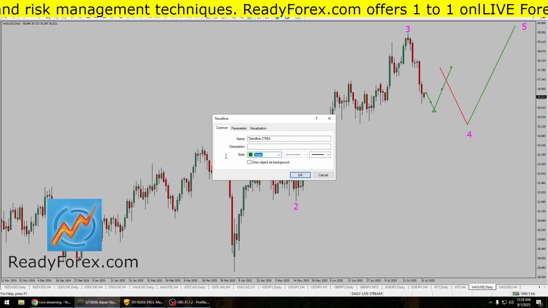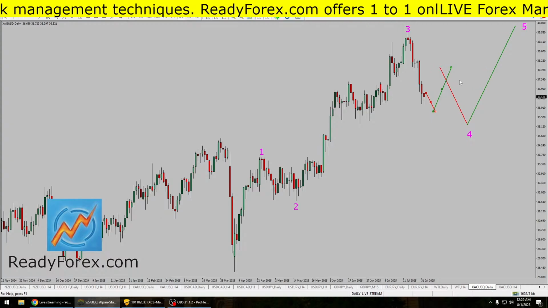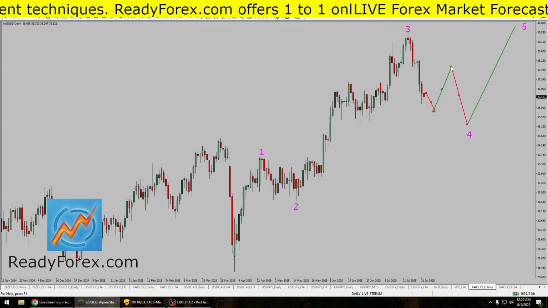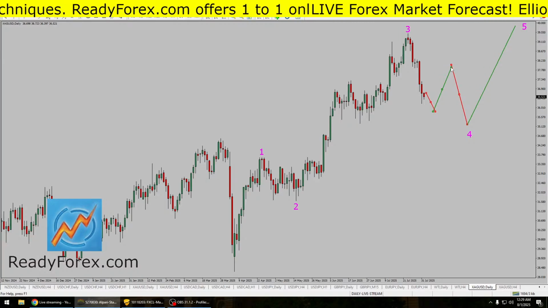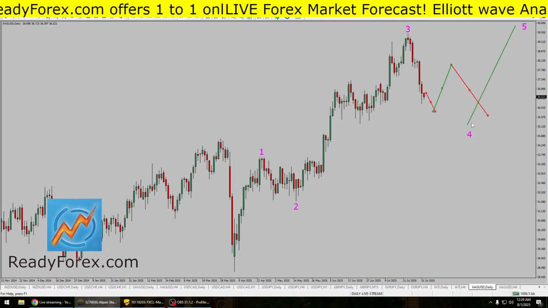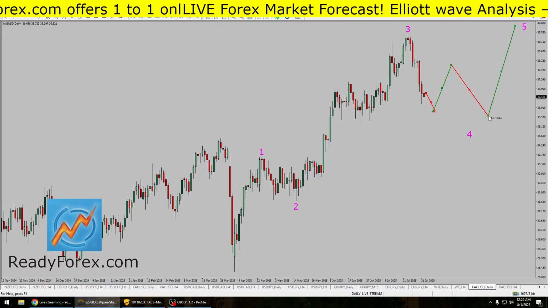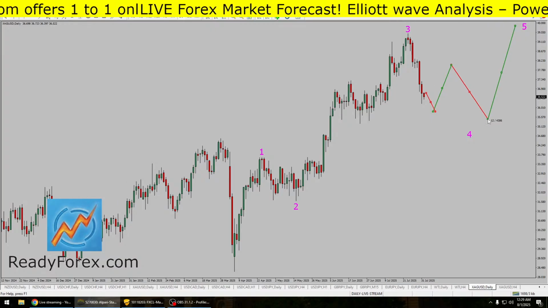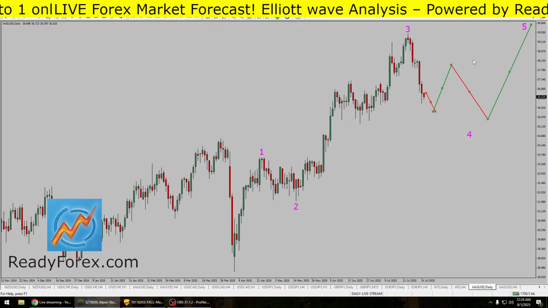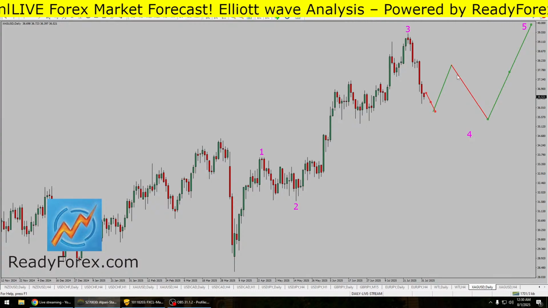Let me change the color of this trend line. So go over here, and once we get the pullback somewhere over here, then the market is probably going to drop more. Overall, it is going to print a sideways looking price pattern inside the daily chart.